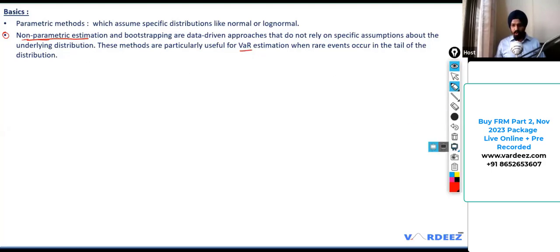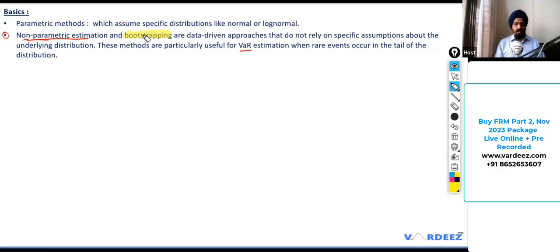Now, within non-parametric, we have something known as bootstrapping. We don't have to get confused with bootstrapping of the yield curve when I talk about fixed income. That's a different thing, like interpolation. This bootstrapping is an absolutely different concept.